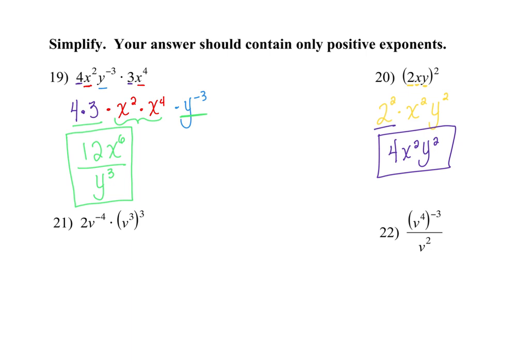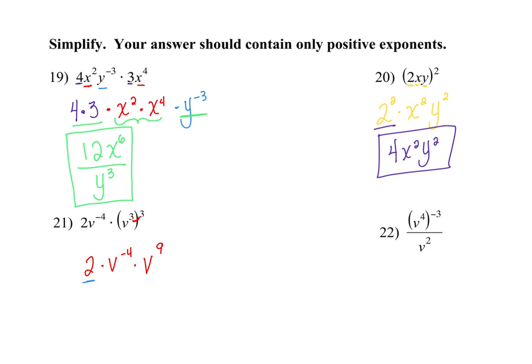All right. The next one. For now, I'm going to leave the 2 and the v to the negative 4 alone, because this is a power to a power. What do I do with a power to a power? Multiply. So this is v to the 9th.